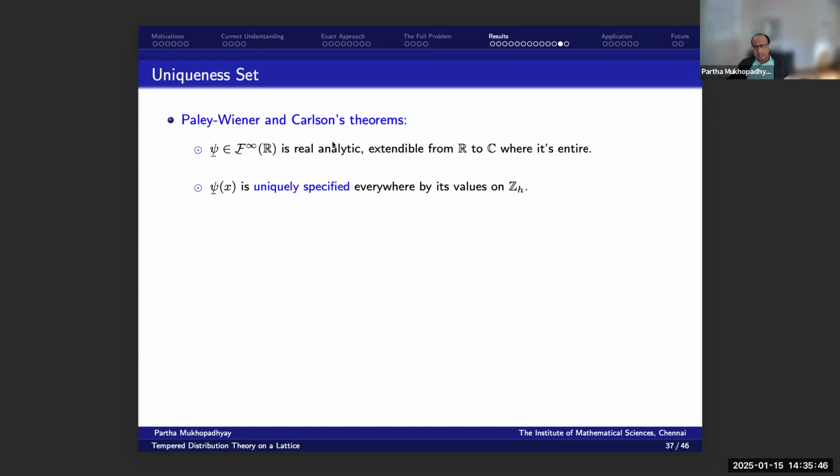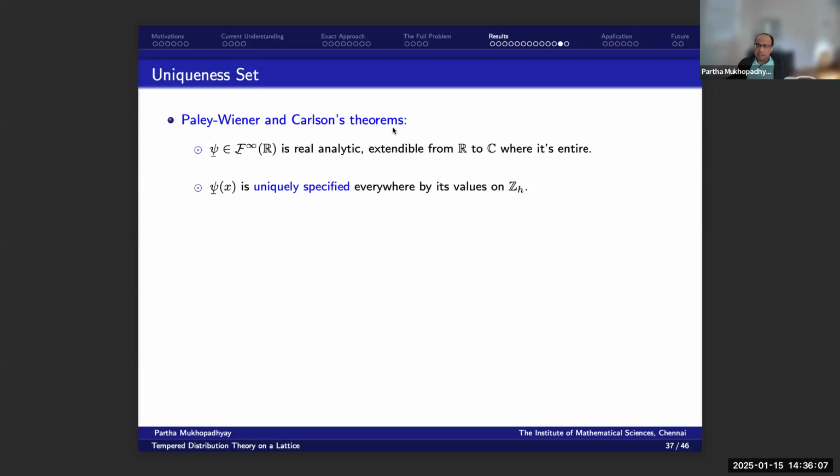And Carlson's theorem says that for such a function, there is a uniqueness set. A uniqueness set is a subset of the domain over which the function is defined, such that specifying the function on it defines the function uniquely everywhere.